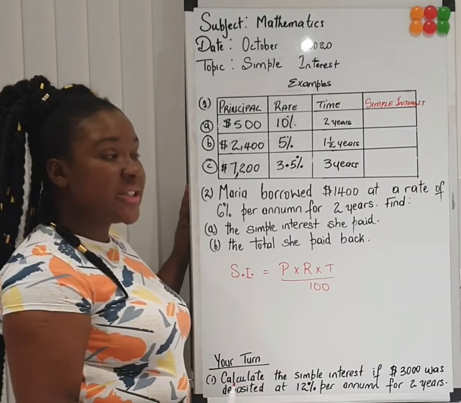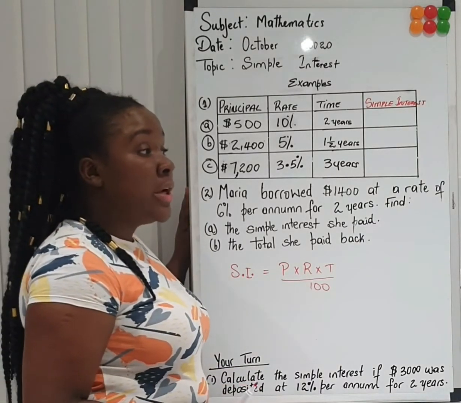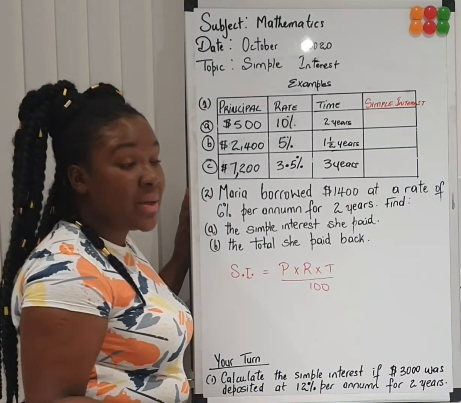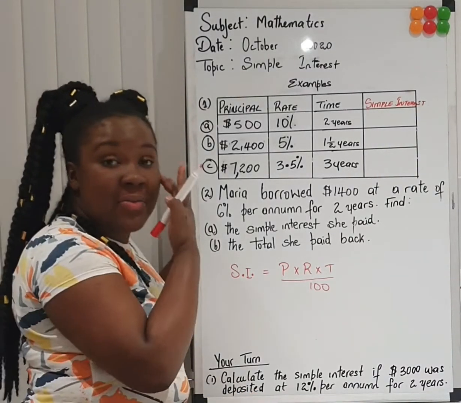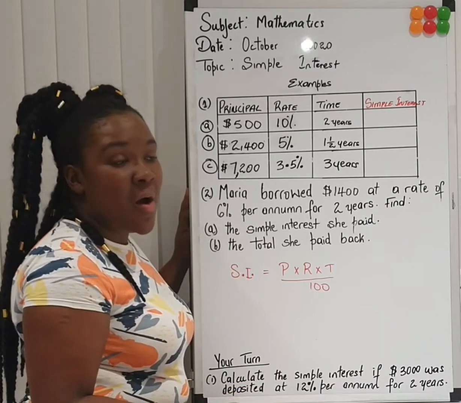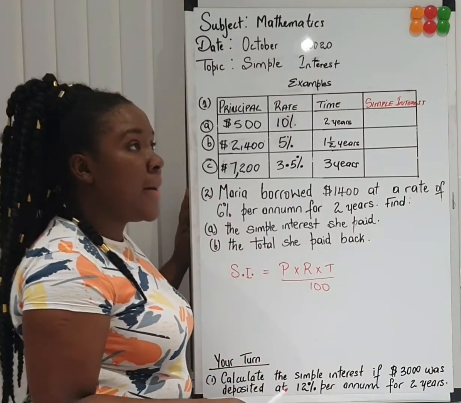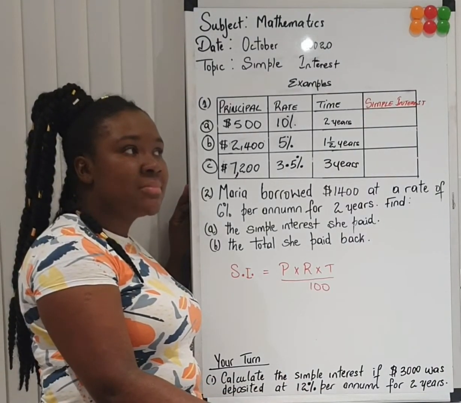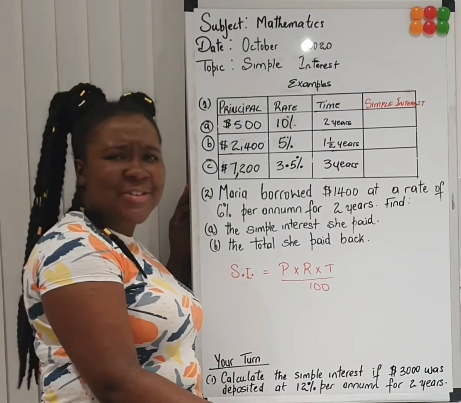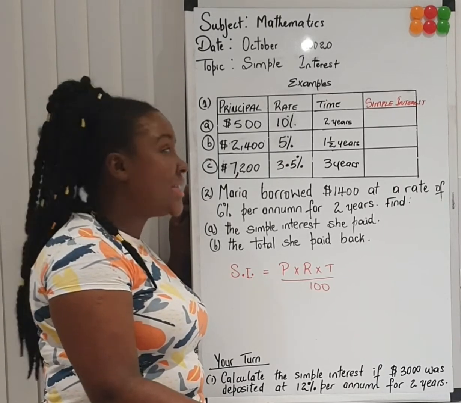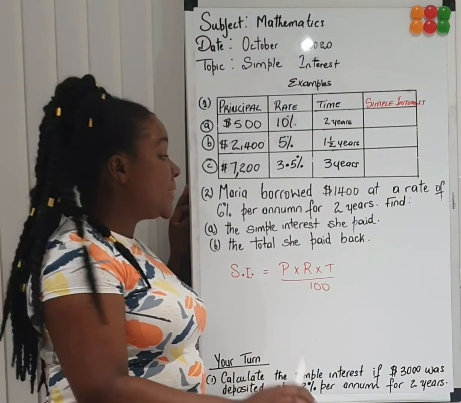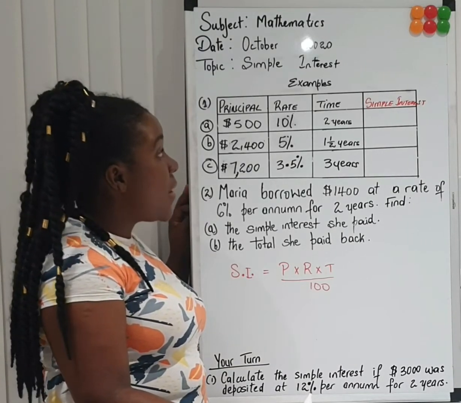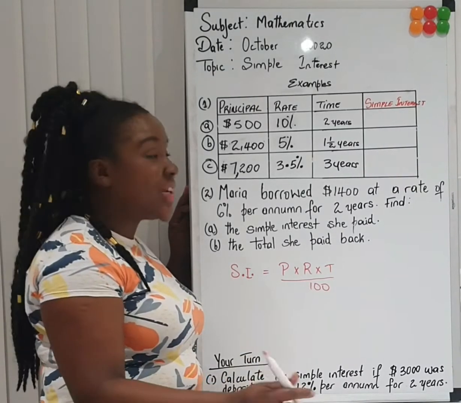Or say for instance, you purchased something on hire purchase at Courts or Lucky Dollar or wherever you went, and they charge you some interest on that, and so that's basically interest. And so yeah, those are some examples of interest being used in day-to-day life, right? And we're looking at the basic one, which is simple interest, as the word suggests.